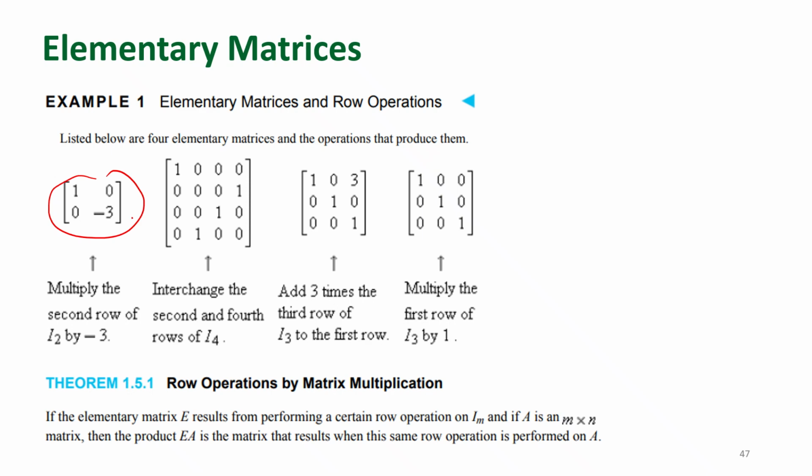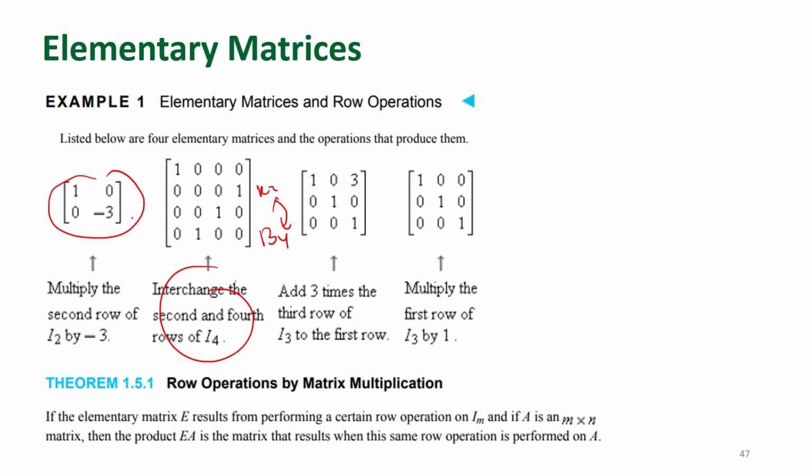Add 3 times the second row to the third row. Okay, interchange this one with the, okay, this one first, maybe the second row and the fourth row. This one row 2 and this one row 4. You interchange them with each other, so it becomes the identity matrix.